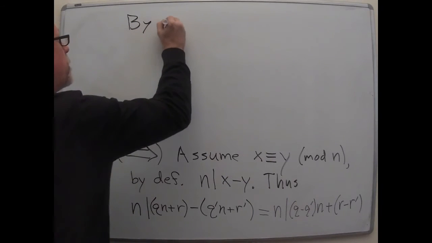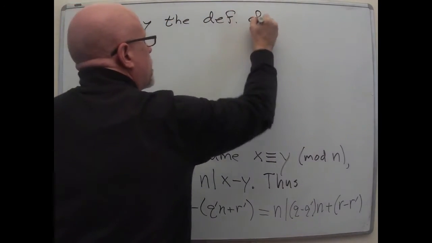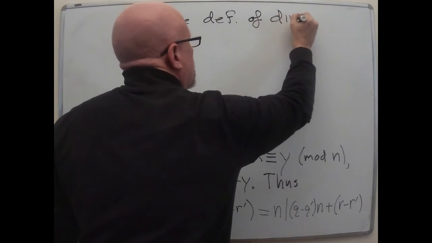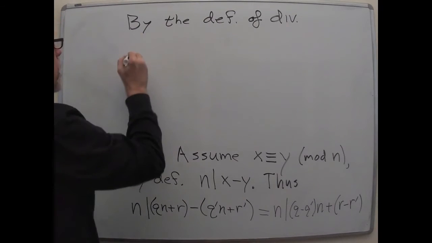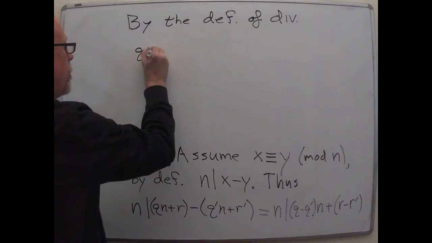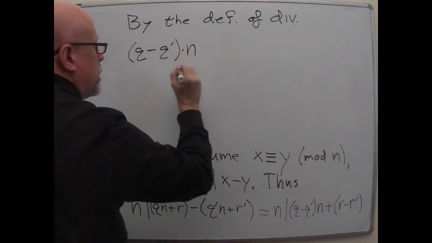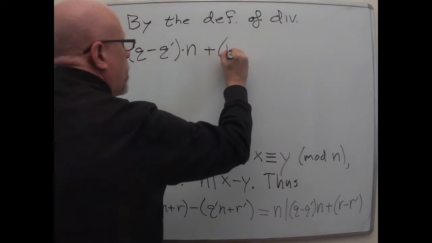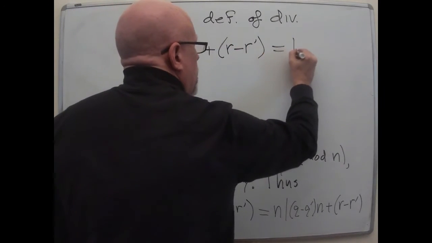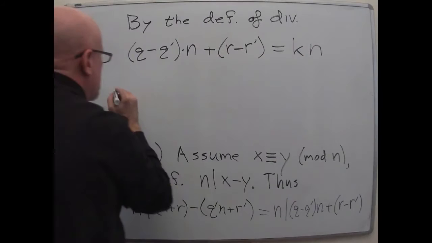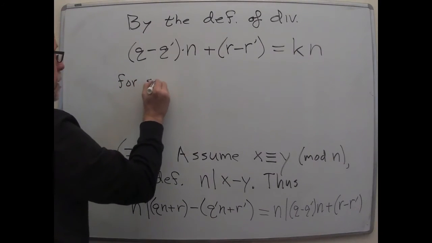So by the definition of divisibility, I'm just going to abbreviate that. What we get is that q minus q prime times n plus r minus r prime is equal to some constant times n. And that constant k has to be an integer.